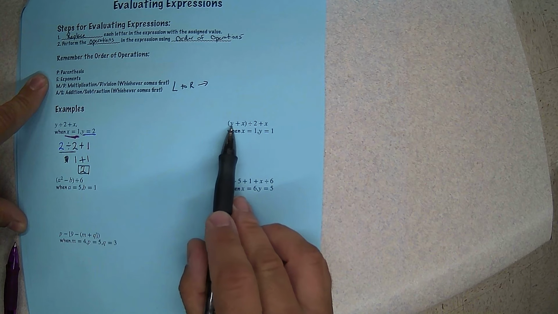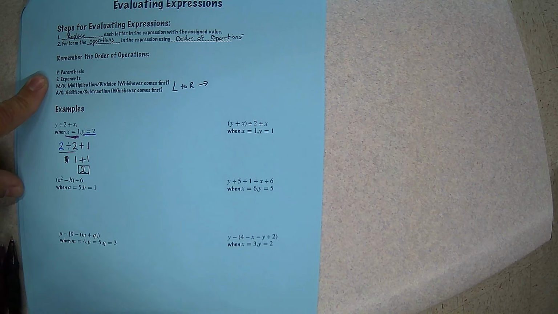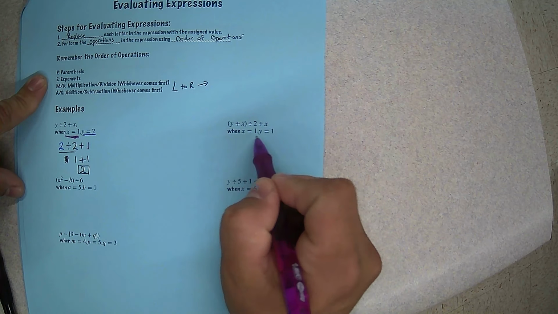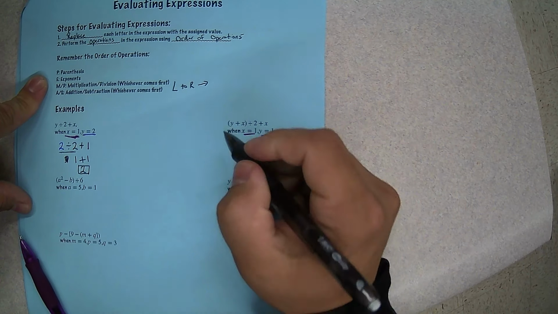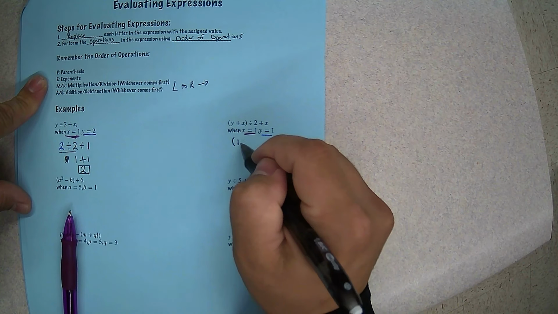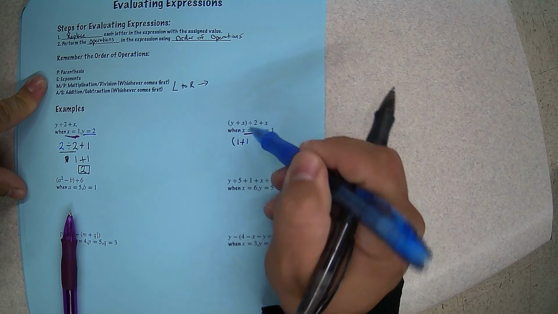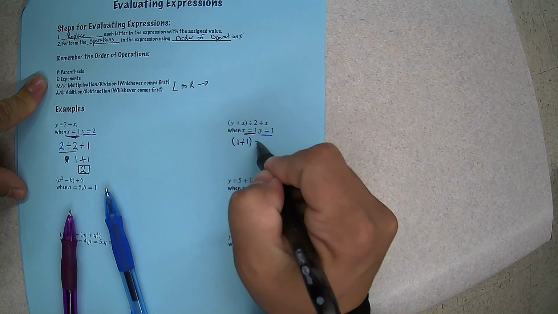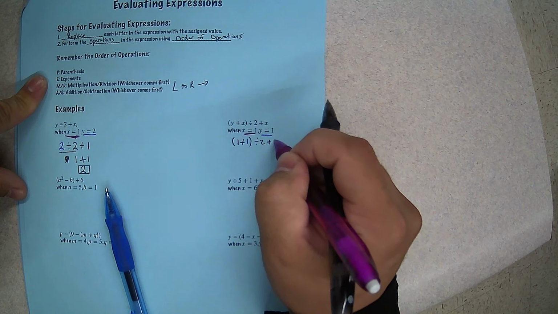I have in parentheses y plus x, divided by 2 plus x. Again, this time, anytime we see an x, we're going to replace it with a 1. Anytime we see a y, we replace that with a 1. So our equation ends up looking like, in parentheses, 1 plus, when x is 1, we have another 1, divided by 2 plus x, which we said x is 1.